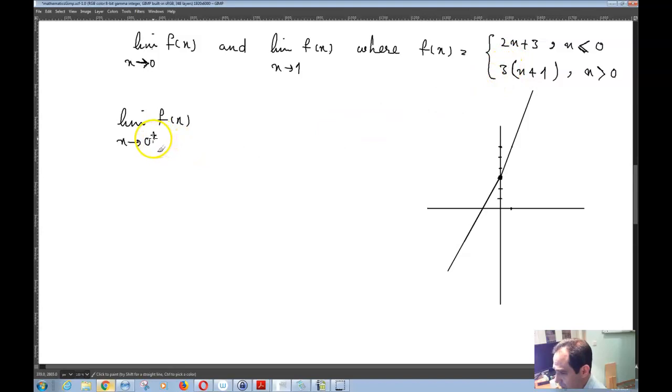And so if I set x equal to 0 here, I would get a 1, because 3 times 0 is equal to 0.